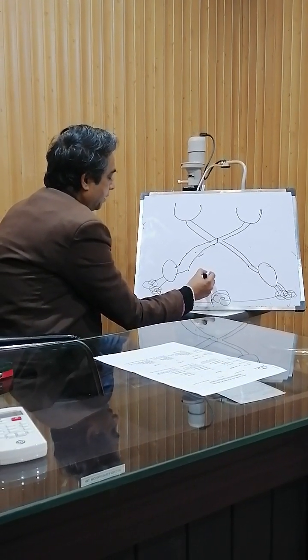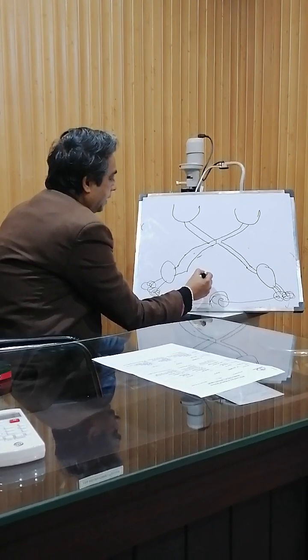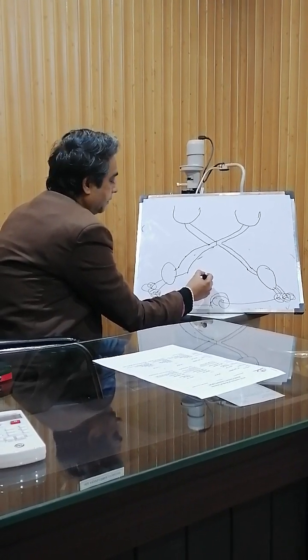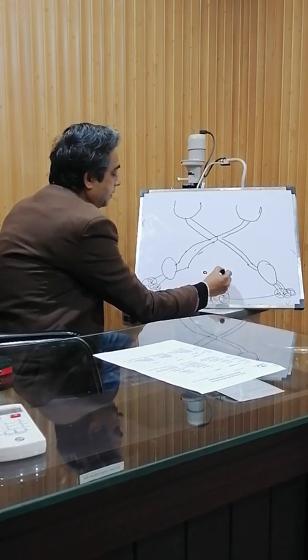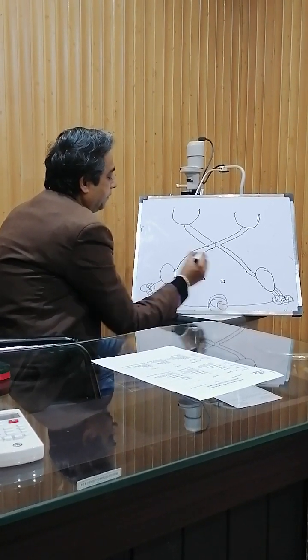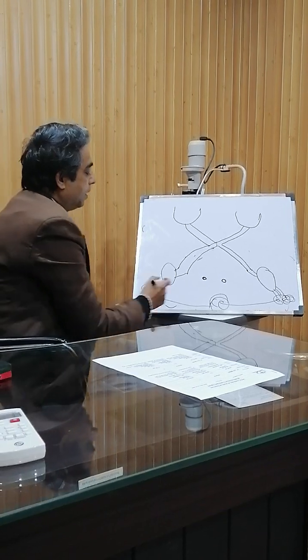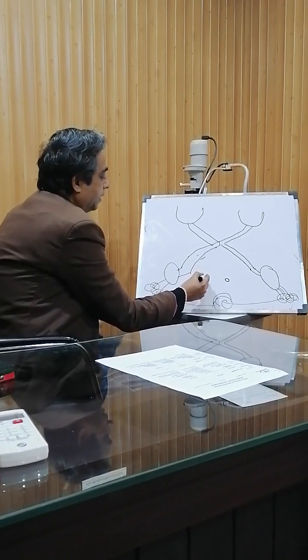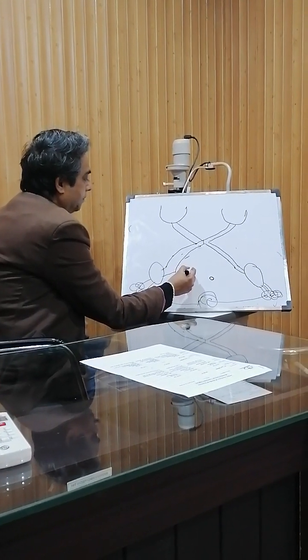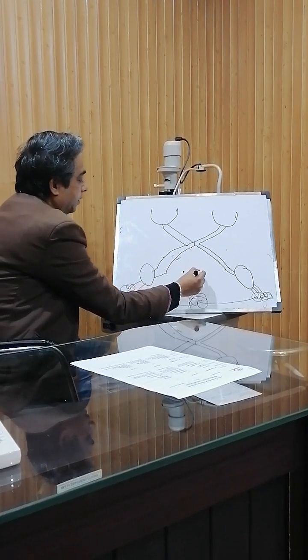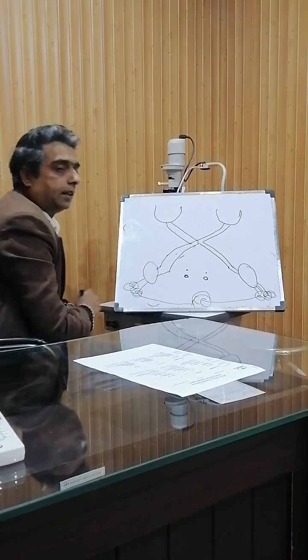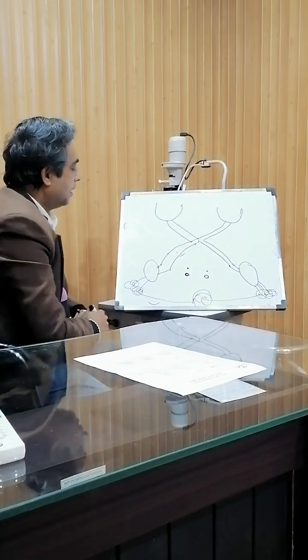First of all, I'm just drawing the anatomy. This is the Edinger Westphal nucleus of the third nerve, and this is the left Edinger Westphal nucleus. And in front of the Edinger Westphal nucleus is the pretectal nucleus, which is smaller. Am I right?